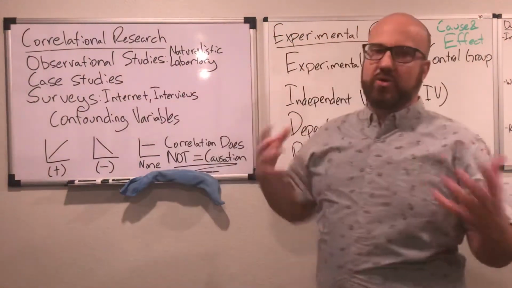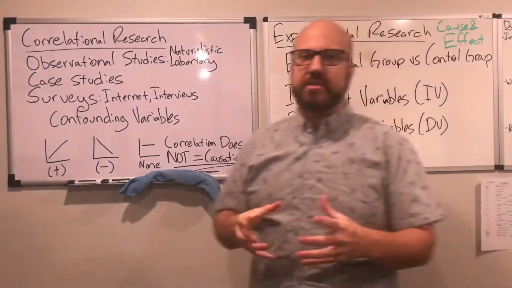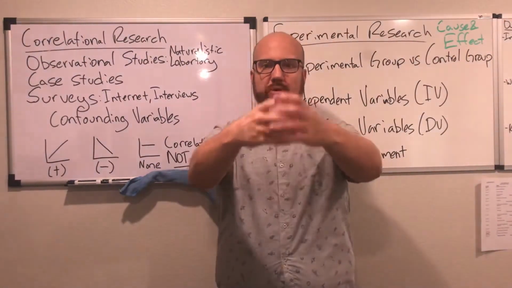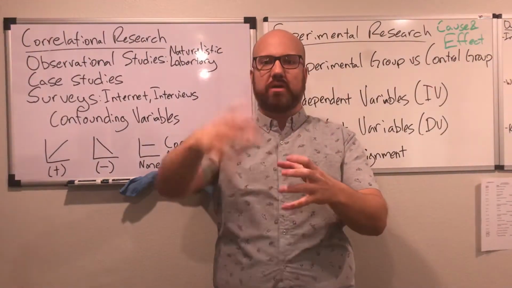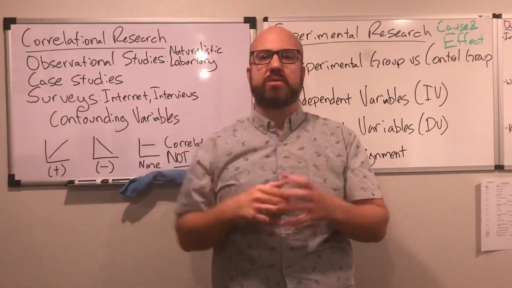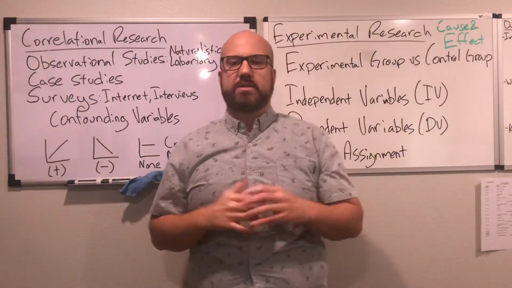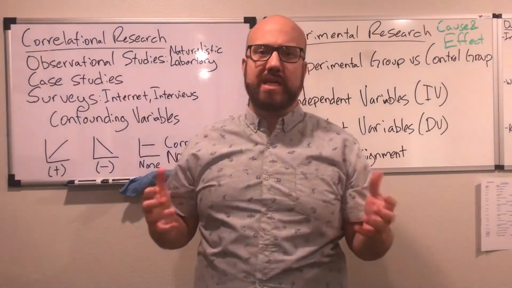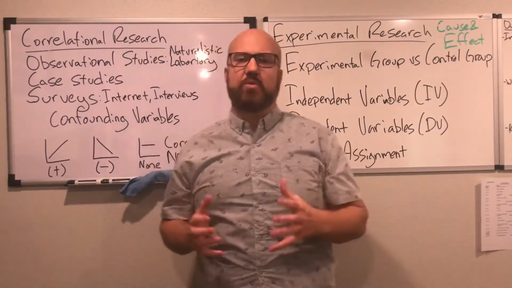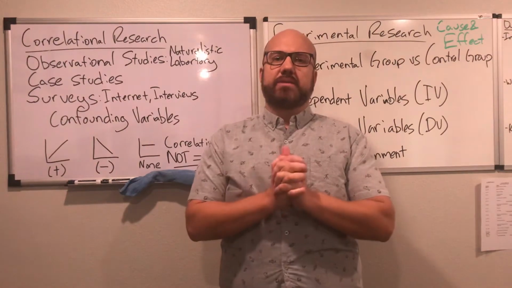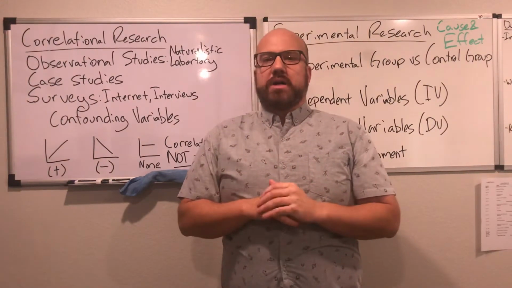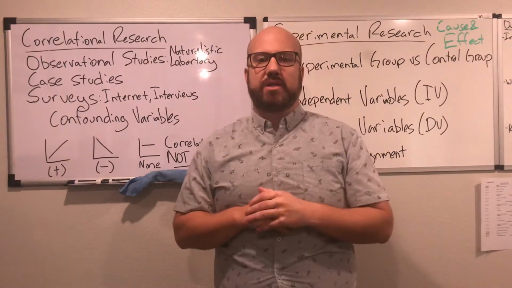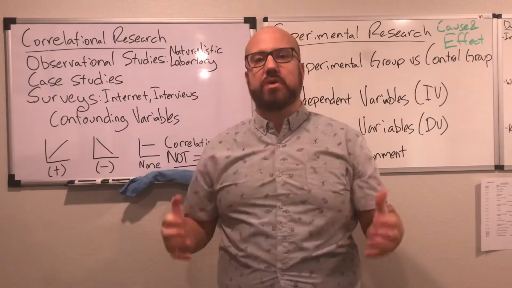Case studies, another correlational research, all right? A case study is when we take one person, okay, and we collect as much data from that one person as we can. A very famous one is Genie. You can read about that more in the book too. And so Genie was neglected and she was abused and mistreated.